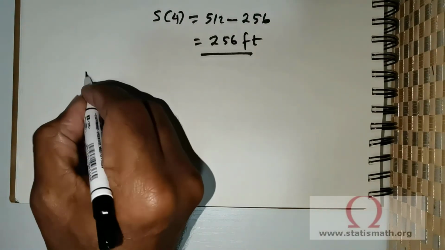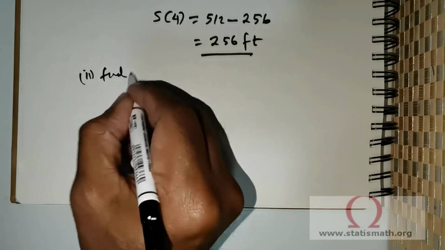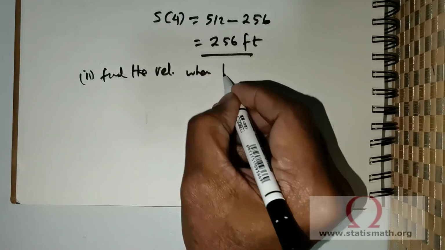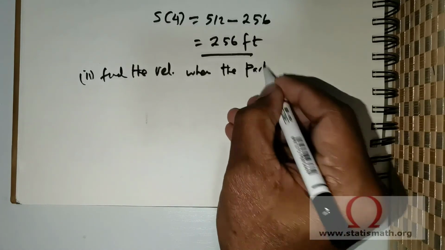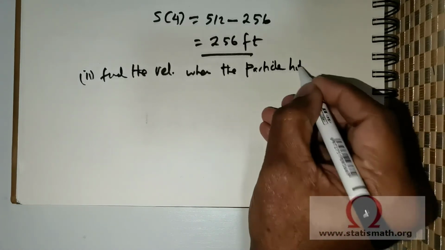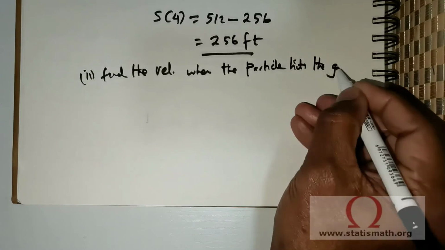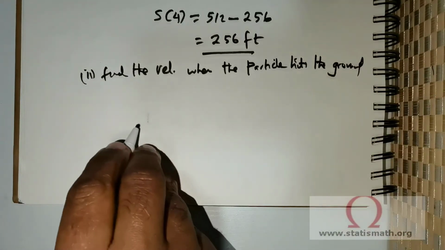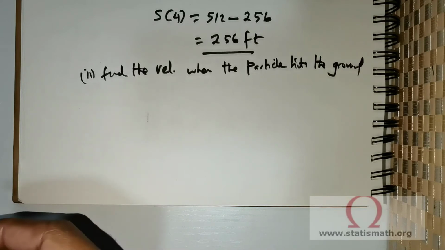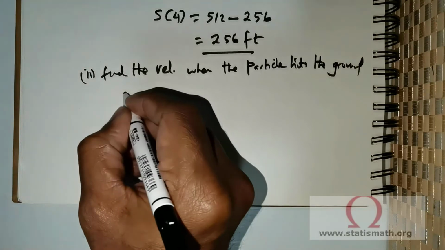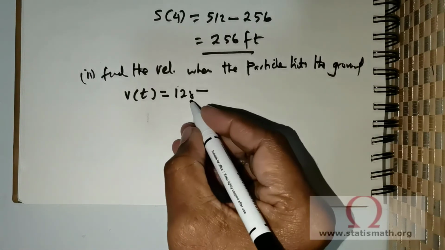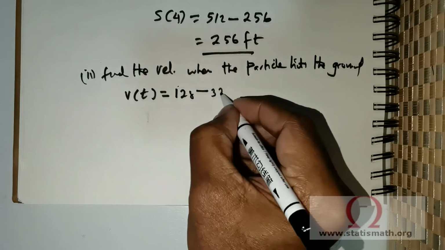Now you are asked to find the velocity when the particle hits the ground. So how are you going to find that velocity? Now we know that v of t is 128 minus 32t.